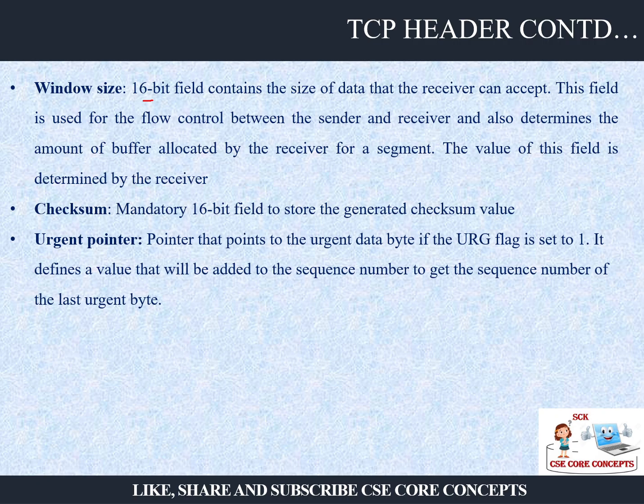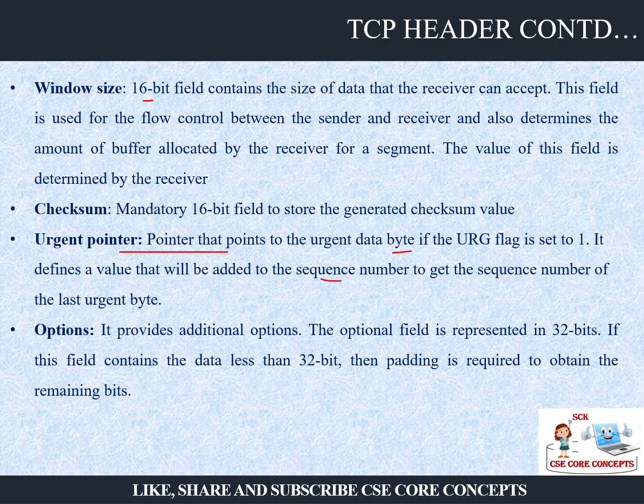And finally, the urgent pointer. If you remember the urgent flag, if it is set to 1, then this field will point to the data which is very, very urgent. It defines the value that will be added to the sequence number to get the sequence number of the last urgent byte. Then finally you have an options field, where you can provide some additional options.